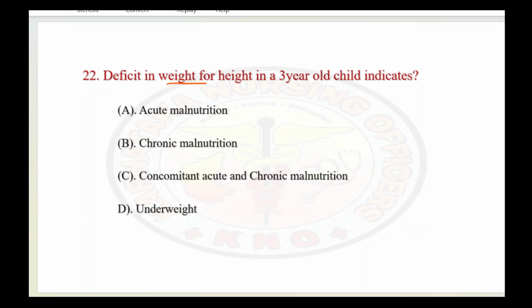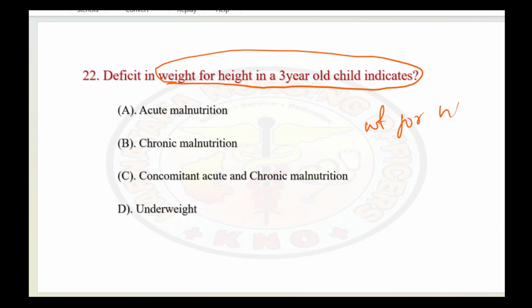Deficit in weight for height in a 3-year-old infant. They have asked you regarding the weight for height. So what happens if there is no proper weight for height? Options they have given you are acute malnutrition, second is chronic malnutrition, third is concomitant acute and chronic, like both. Fourth is underweight.